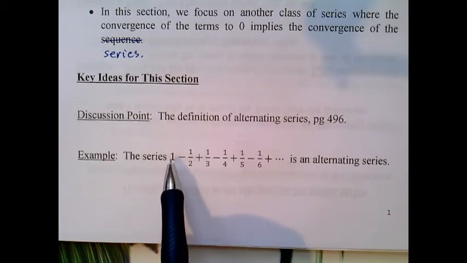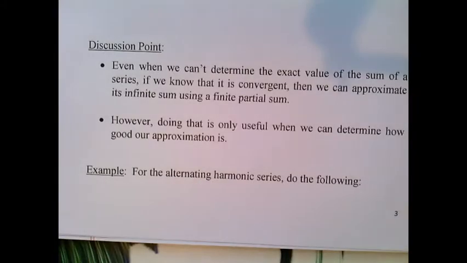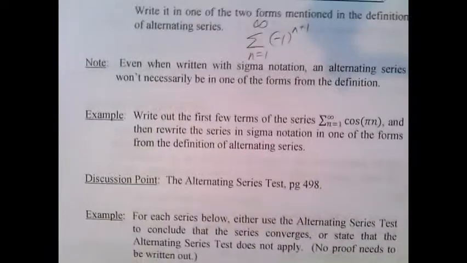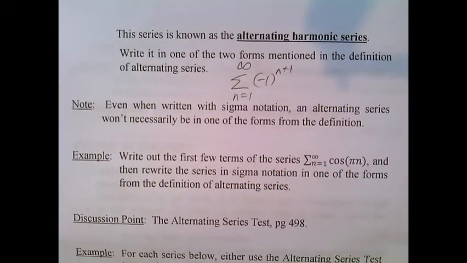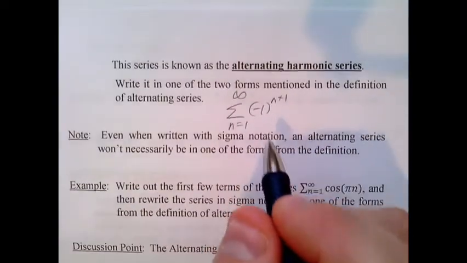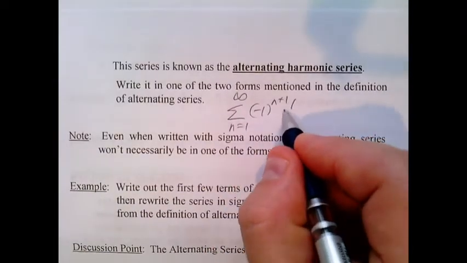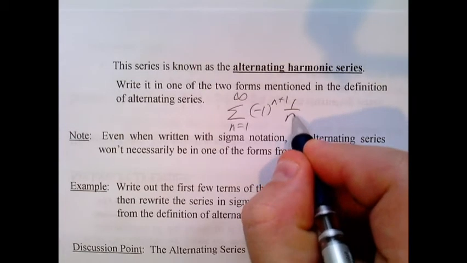If I had wanted it to go negative, positive, then I would just write negative 1 to the n rather than n plus 1. And then the rest of it is what the book was calling b sub n in the definition. That's just the formula for the rest of the term, not counting the sign.